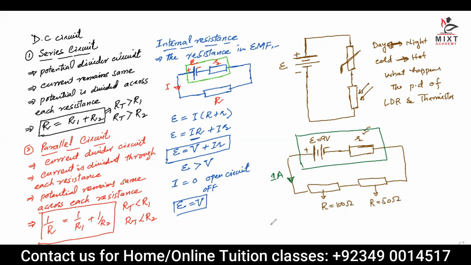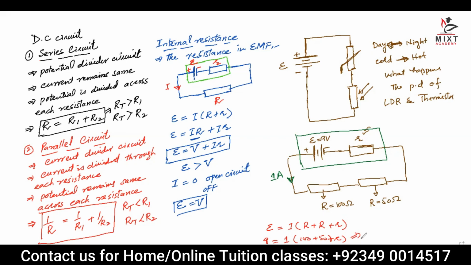So I will use the formula EMF is equal to I times R plus R plus R. That will be 9, that will be 1, that will be 100, that will be 50, and this will be plus r. I know the answer will be negative because my values are not correct. Sir, I got negative 141.